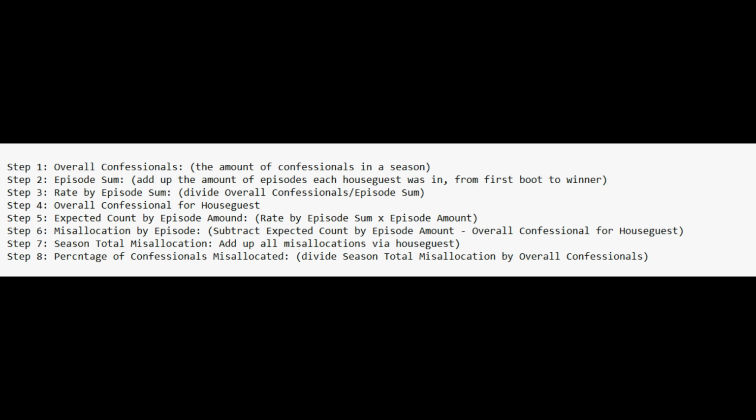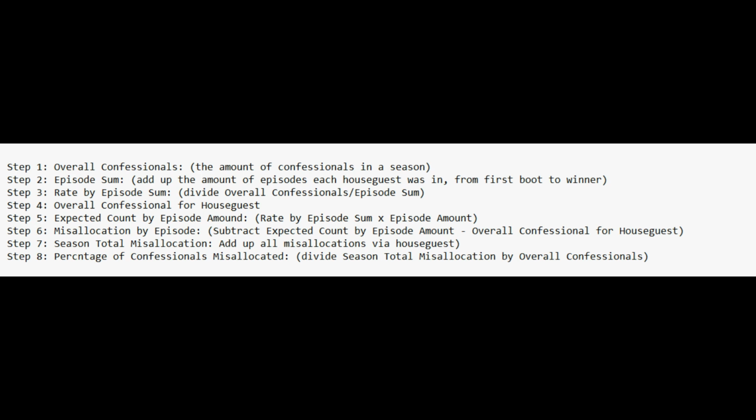This is just the rate by episode sum multiplied by the amount of episodes that the contestant was in. So Justin was in 4 episodes, so I'll use the rate by episode sum times 4. That will show a number, and that number would be the amount of confessionals that they should have had if the edit had been even.